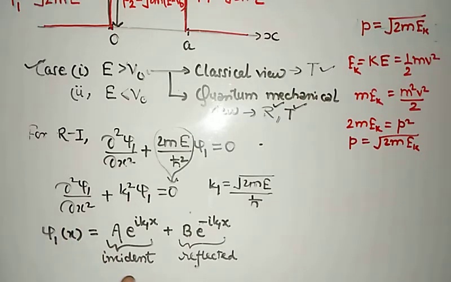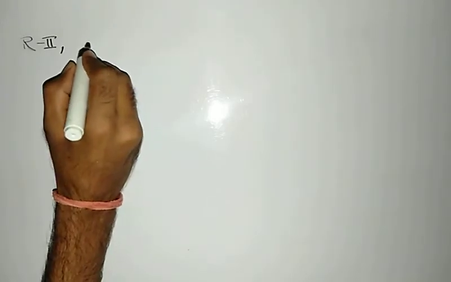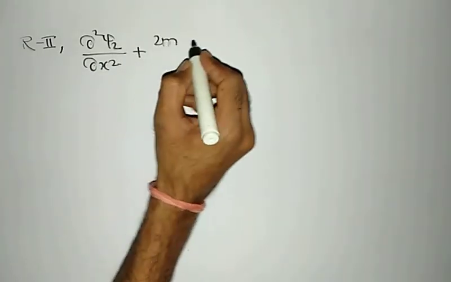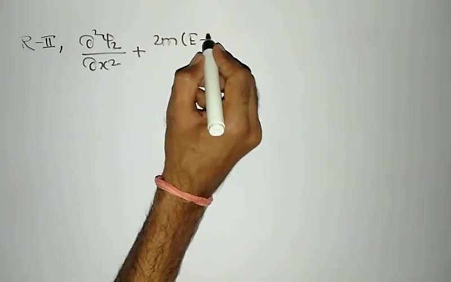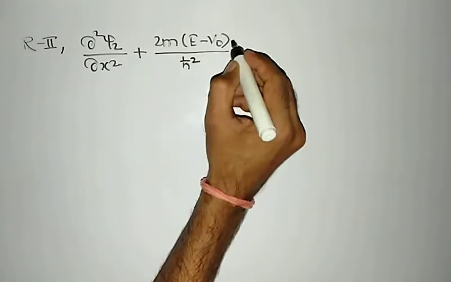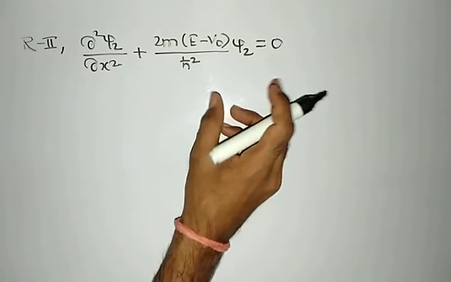Now as we have shown the solution for region first, we will see again for region second and region third also. Using the Schrodinger wave equation for region second: del square psi 2 upon del x square plus 2m (E minus V naught, since V is equal to V naught in region second) upon h cut square psi 2 is equal to 0.